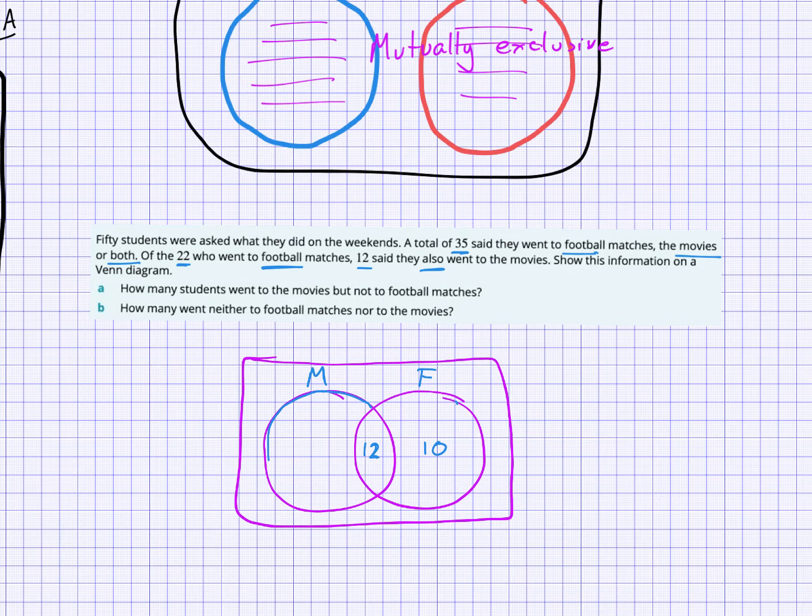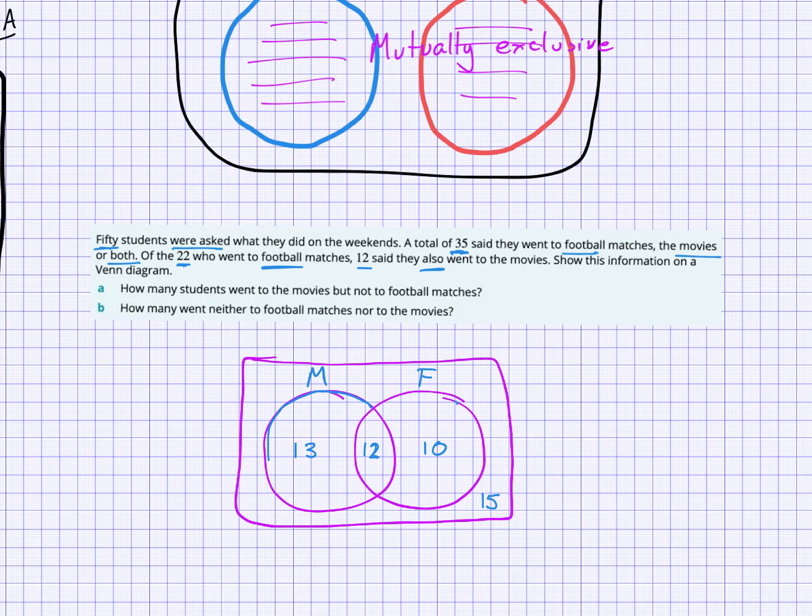All right, now it says there were 35 inside the two circles together. So we have 22 inside the football circle, which leaves us with 13 in the movie circle. Okay, now it says here that there were 50 students who were asked, but I only have 35 listed, which means that there is an additional 15 who don't do football or movies.